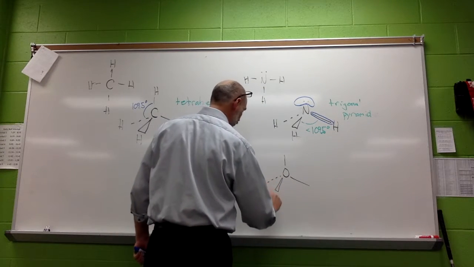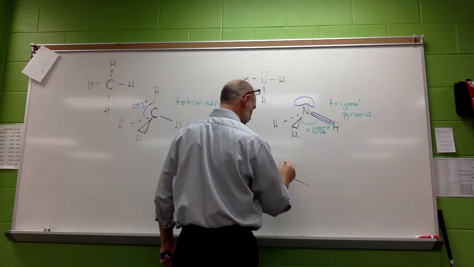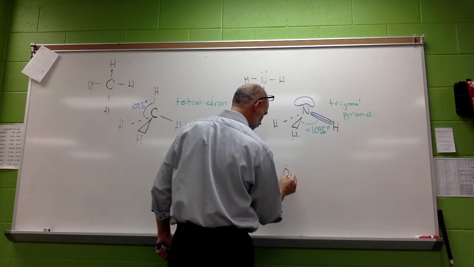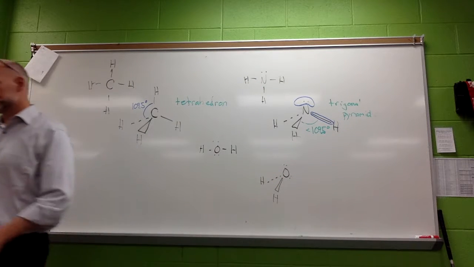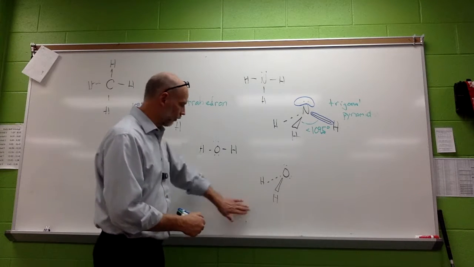So I'm going to put my hydrogens here. I know you probably didn't do that. That's okay, as long as you had the original diagram and replaced 2 of those areas with lone pairs.